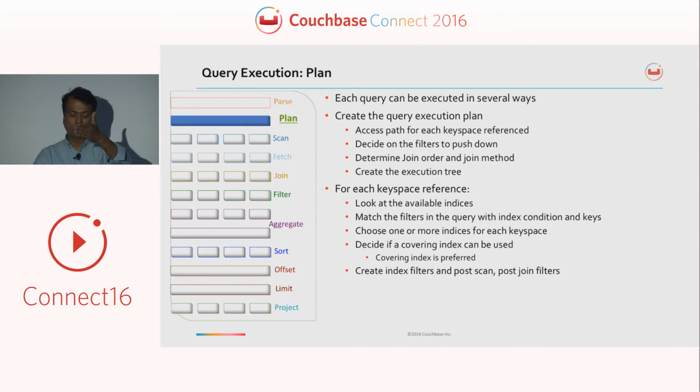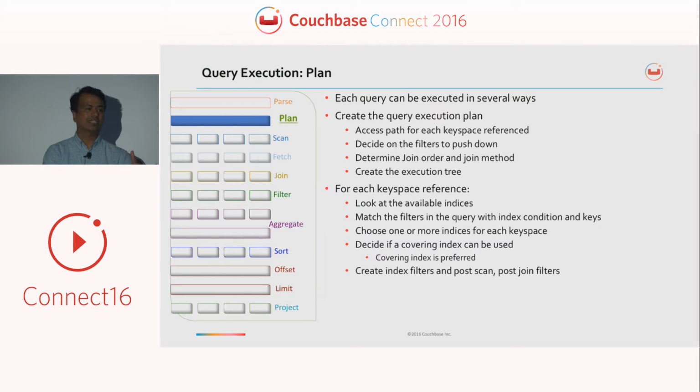So we have to match both the partial predicate that you have attached to the index as well as the index keys. So once we decide which indices are appropriate for each key space, then we try to choose an index that can answer your query completely without having to go to the data nodes.